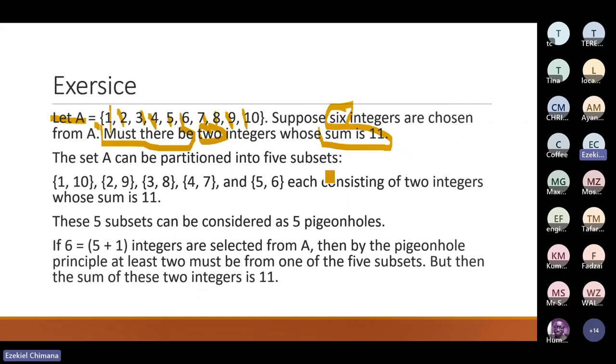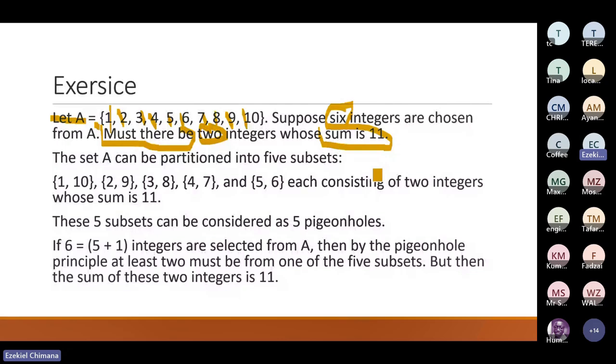So we are going to pick 6 integers. From those integers, just show that there must be 2 integers that will give us the sum of 11. So how do you show that?